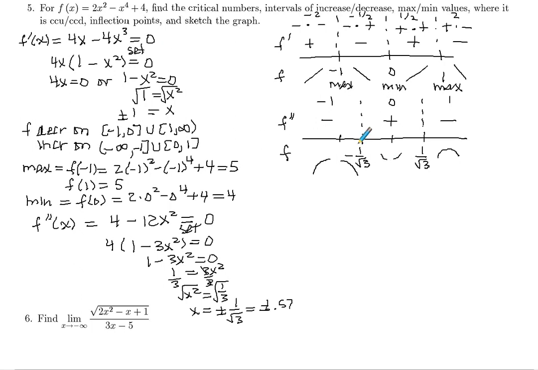So let's extend that a little bit. Just redo it. So decreasing but concave up. So like this. Between 0 and 1 over root 3, we're concave up, but now we're increasing. So increasing concave up looks like that.